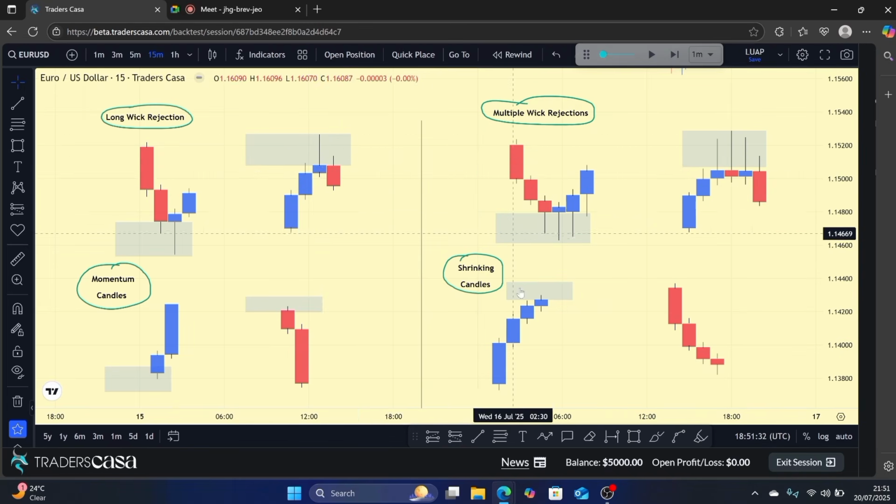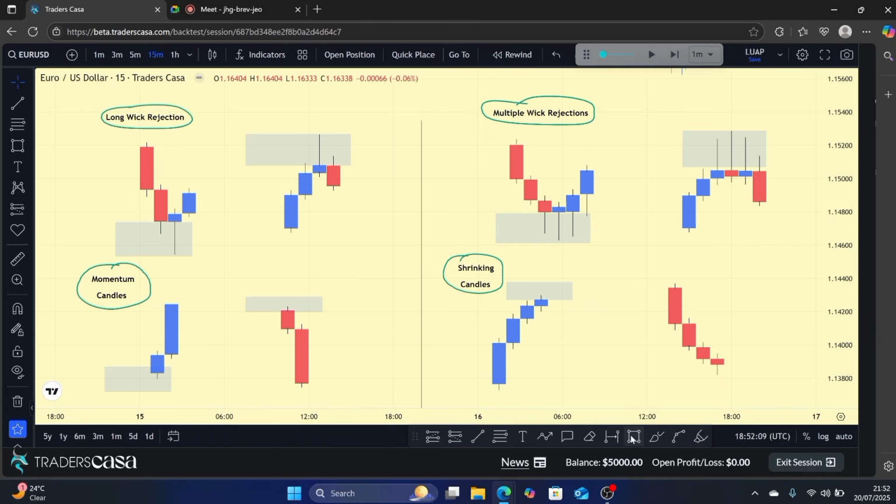After seeing that, you can take the entry, or maybe multiple long rejections, or you can wait for a momentum candle like this. After price has mitigated this, you may need to wait for a candle that has good momentum, one that will give you good confidence that price is indeed going down because of its body size, showcasing the rejection, and there is some possibility that price may eventually make that ultimate reversal.